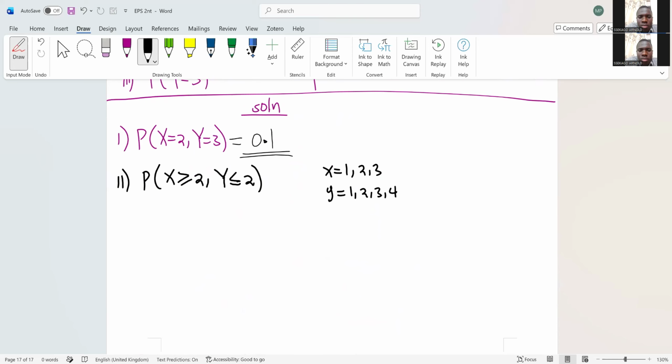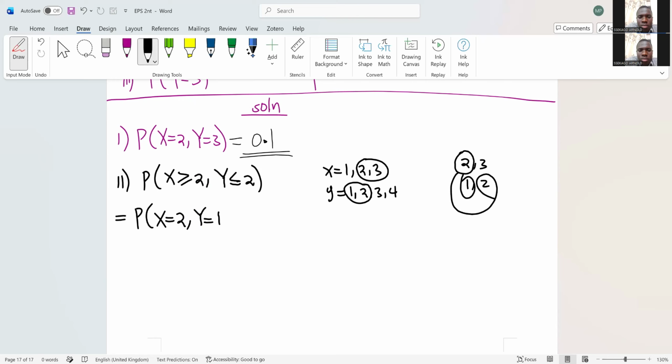Now, x greater or equal to 2, we are interested in 2 and 3. Y less or equal to 2, we are interested in those values. Therefore, I think there are around 4 cases of consideration. We have the probability of x is 2 and y is 1. In simple terms, after extracting them out, you consider x is 2, y is 1, plus x is 2, y is 2.